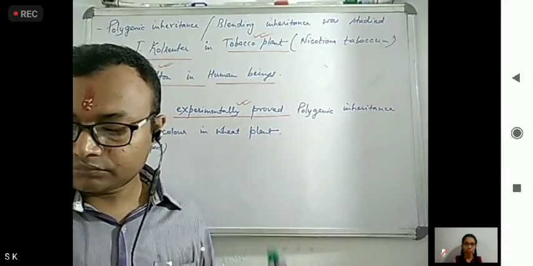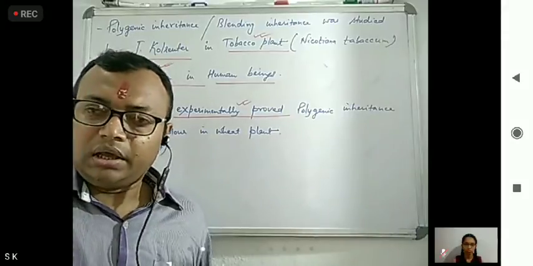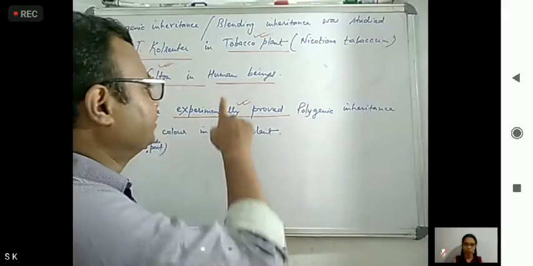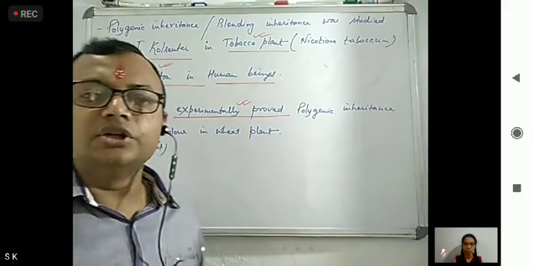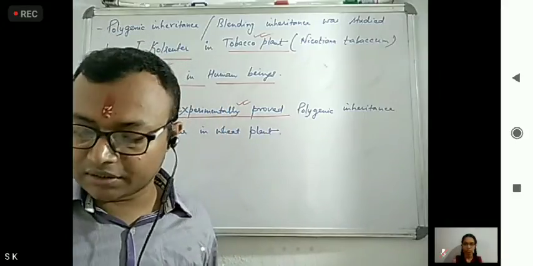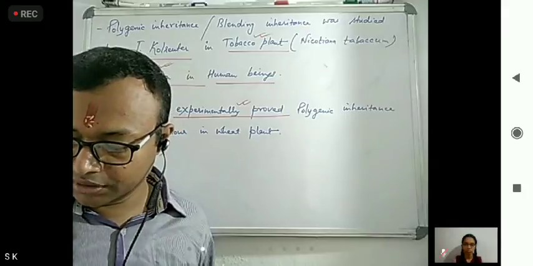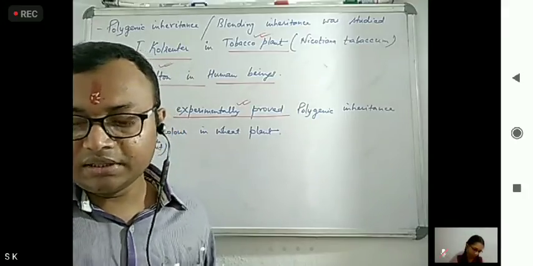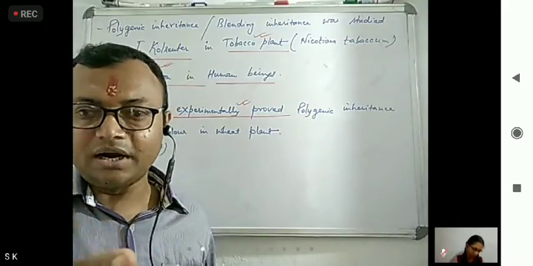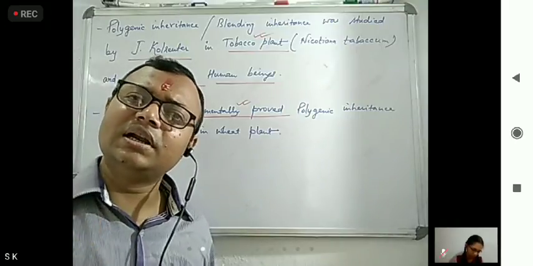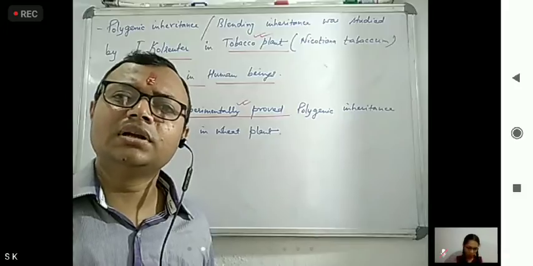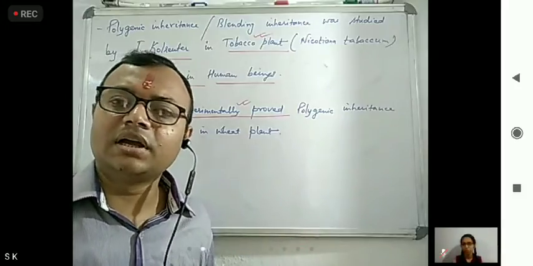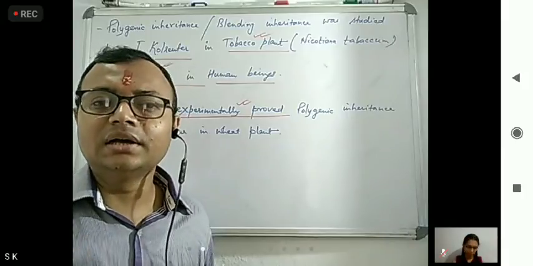Now, we will see one example, F. Galton in human beings. Here, what did he see? I am asking about skin color. What colors are available in the world?